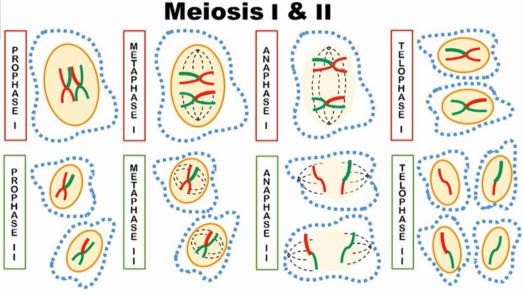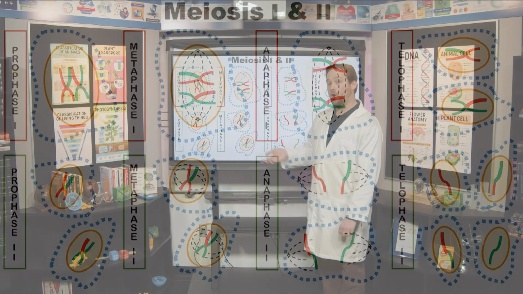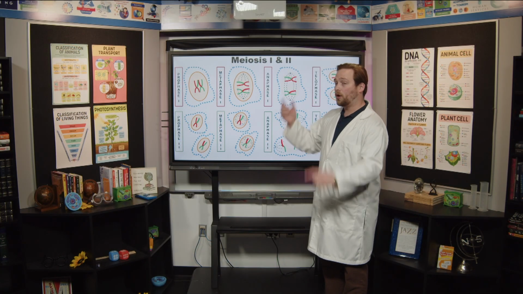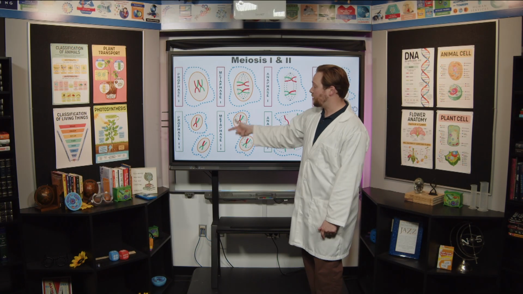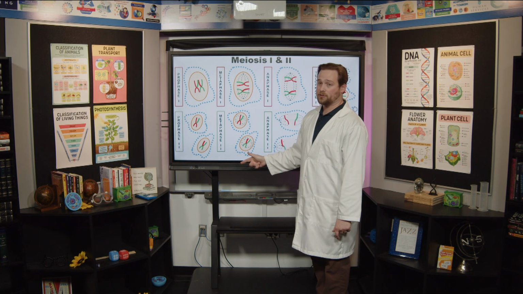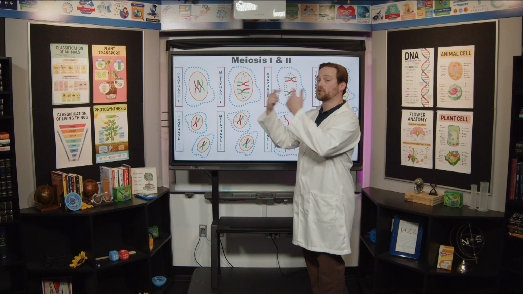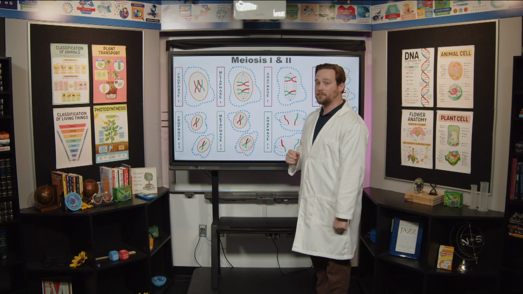Anytime a question has the words homologous chromosomes in it, you have to be in meiosis 1, because that's the only time that you have homologous chromosomes. So if you get a question that says the homologous chromosomes line up in the middle, well, I'm hearing middle, so I know it's either metaphase 1 or metaphase 2, but because it says homologous chromosomes, that tells me it's metaphase 1.